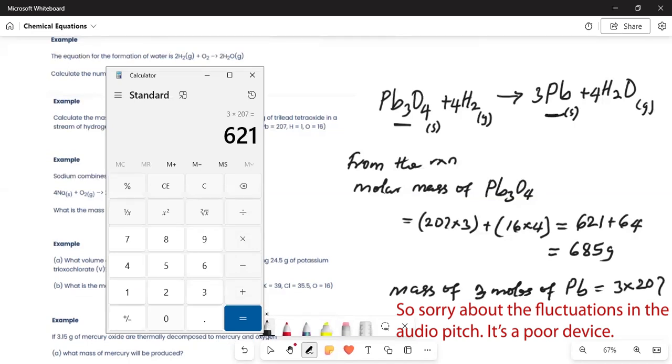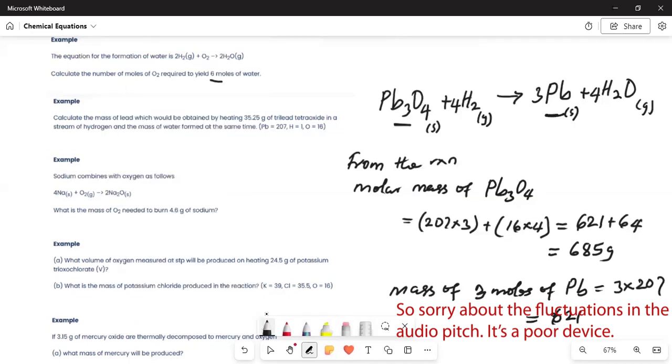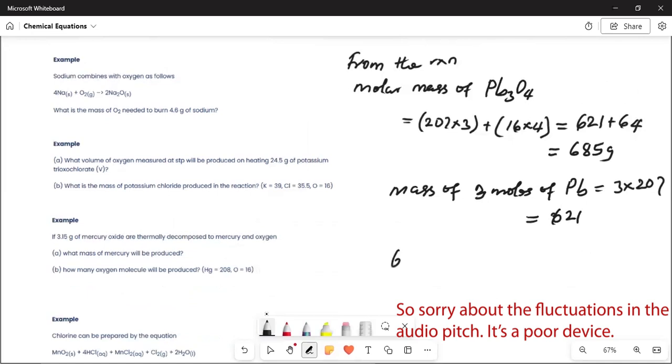207, 621. That means in this reaction, 685 gram of trilead tetraoxide gives us 621 gram of lead. Then what would this 35.25 gram give us? Yes, it's 685 gram trilead tetraoxide gives us 621 gram of lead.